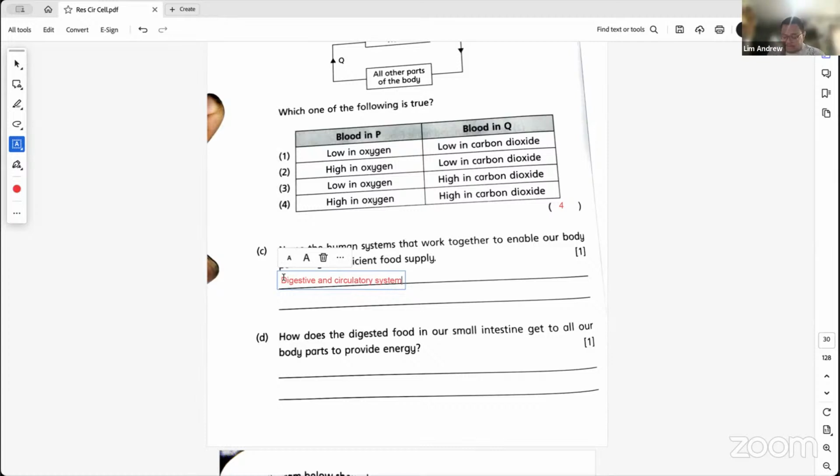These two systems, the digestive system works together with the circulatory system to enable all body parts to have food.